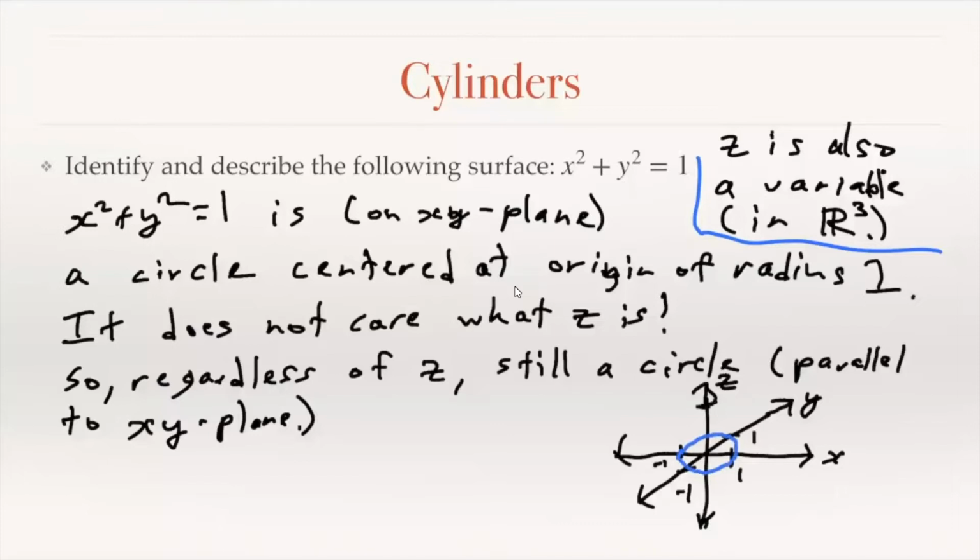So for any other z, it is still a circle of radius 1. Since z isn't even in the equation, no matter what z is, it satisfies it. And you can see that, therefore, this is a traditional cylinder. It's a vertical cylinder around the z-axis of unbounded height.